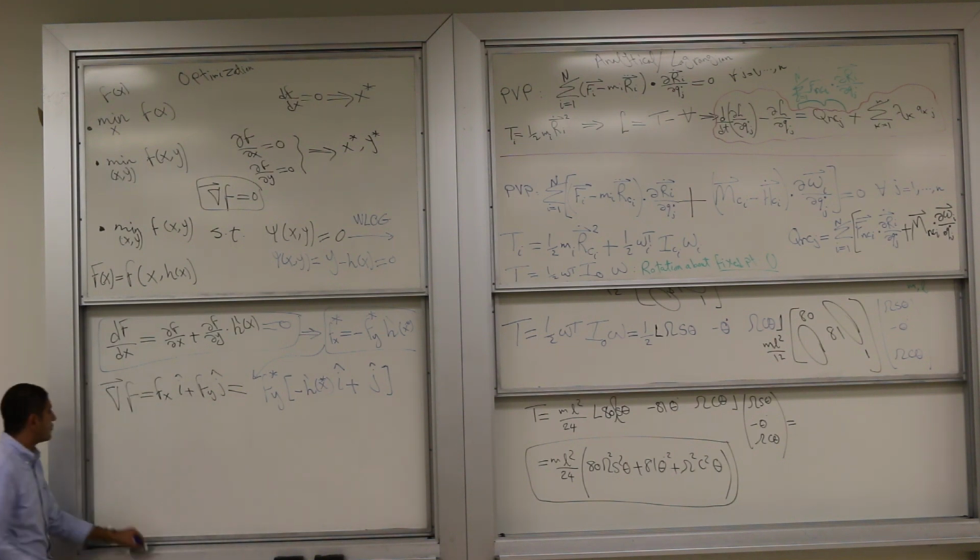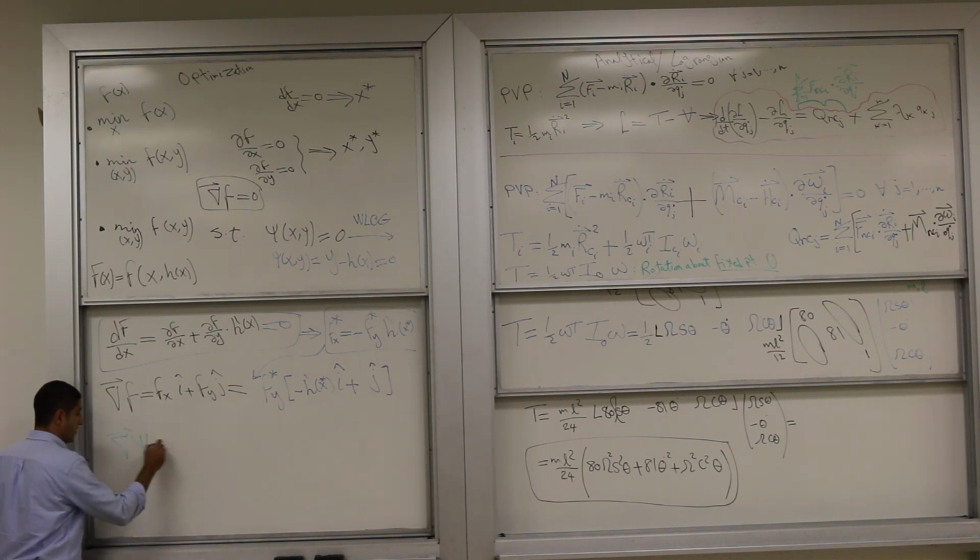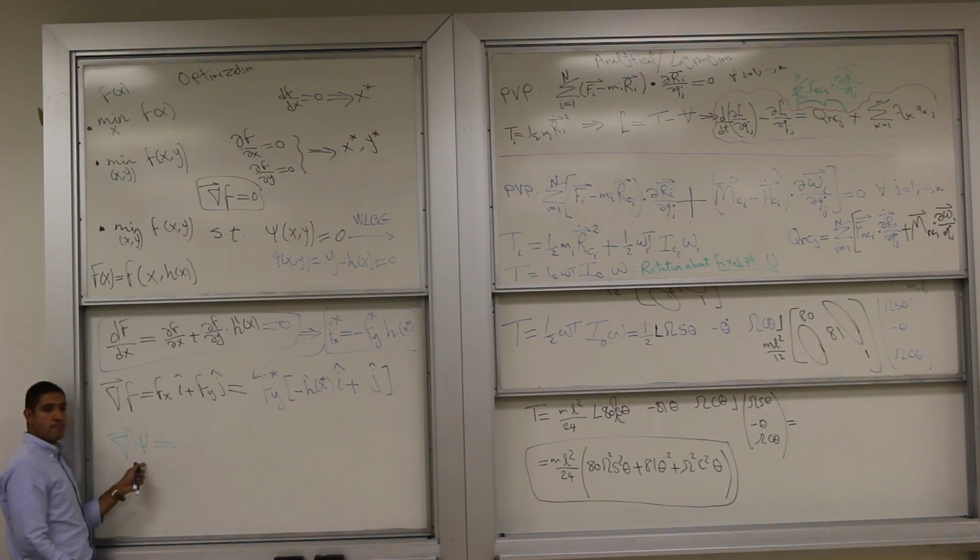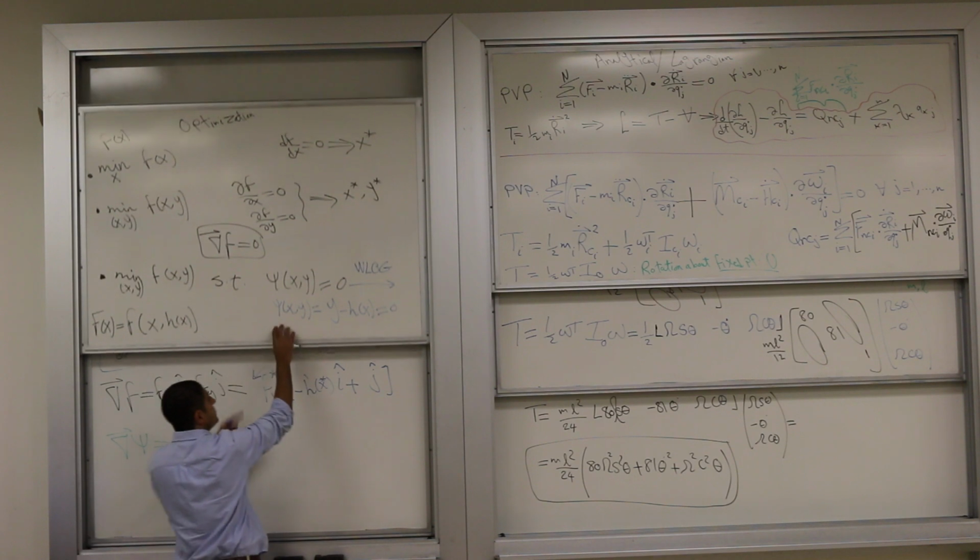Now what about the gradient of your constraint? What is the gradient of your constraint? Come on guys, what's the gradient of the constraint? Here it is, you have a function psi of x and y.